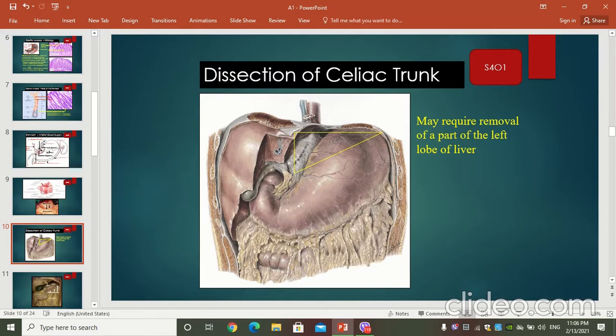Dissecting the celiac trunk requires removal of part of the left lobe of the liver, in order to reach the area between the stomach and the liver.